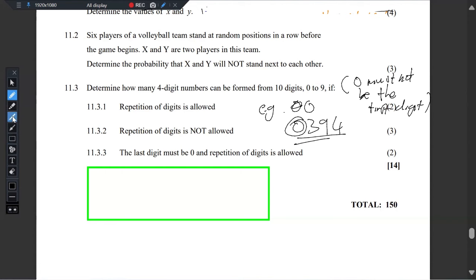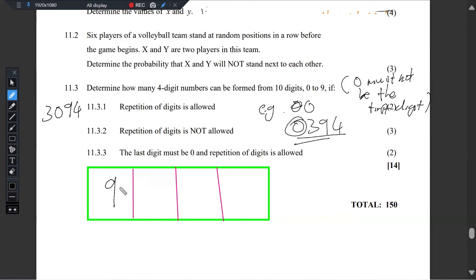So that means if repetition is allowed, we have 4 spaces. Then out of a 10-digit, that means on the first block here, you only have an option of choosing from 9 digits, excluding 0, because 0 cannot be the first digit. So it's 9. But then your 0 can go in here, so you can have a number like 3094. As long as the 0 is in any of the positions besides the first position, then it can be counted.